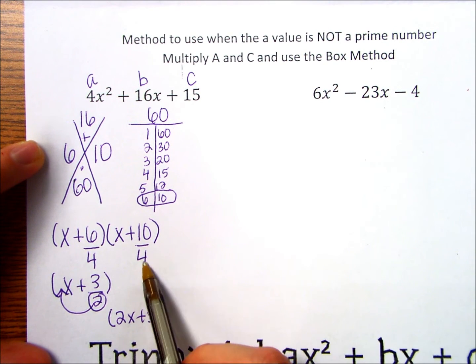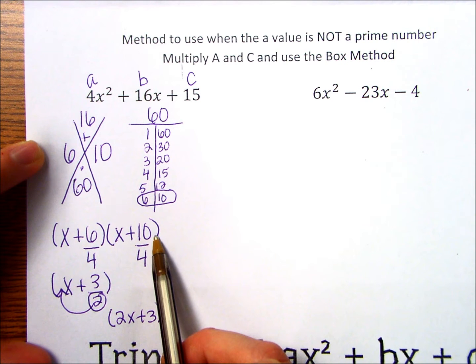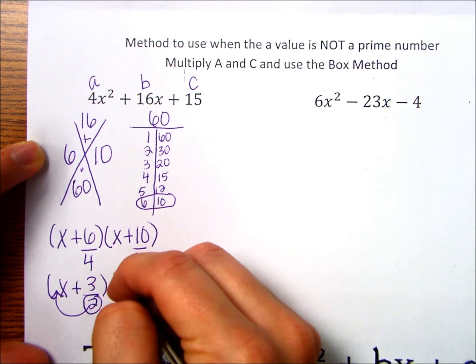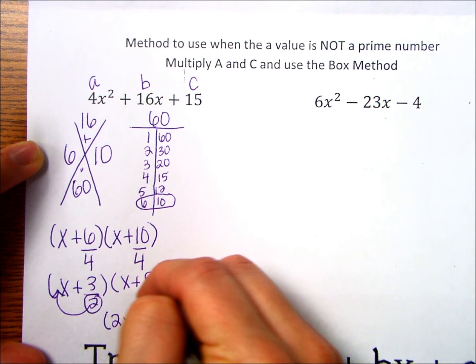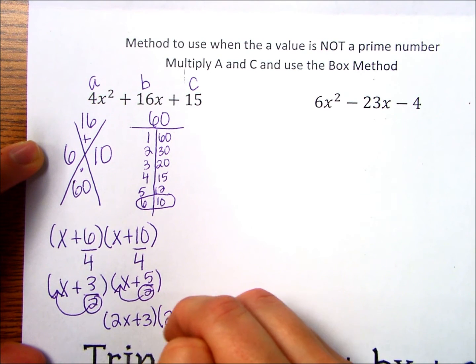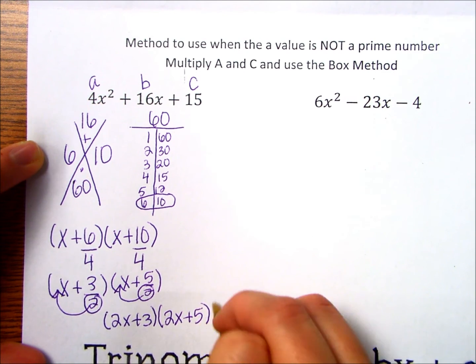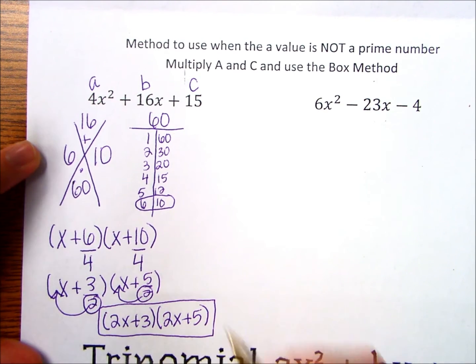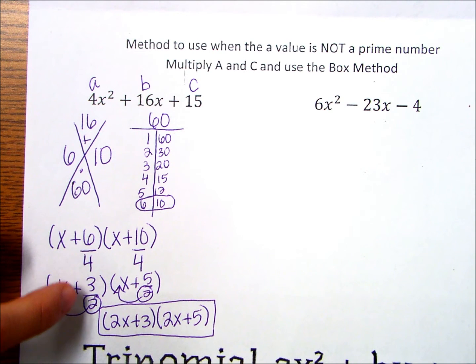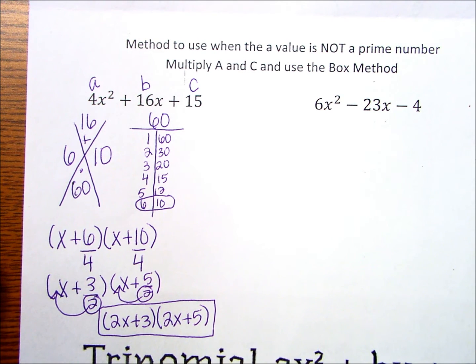Same thing over here. 4 doesn't go into 10 evenly, but I can clean this up to give me x plus 5 over 2. I can simplify that. Then I move the 2 up. So then this will be 2x plus 5. So then your final answer here is going to be 2x plus 3 times 2x plus 5. So you always have to simplify the fractions here if they don't go in evenly.